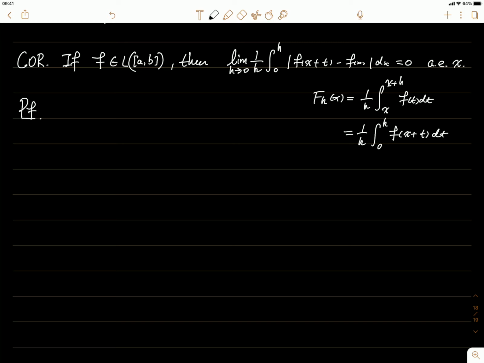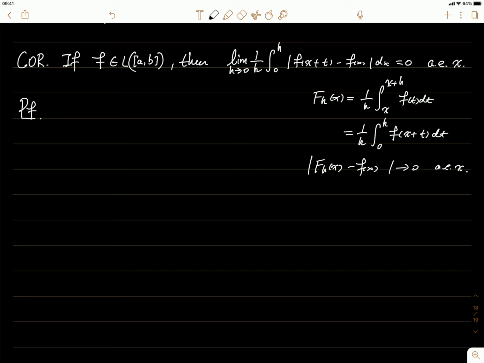Okay, and previously what we showed is that this minus f of x is going to 0 for almost every x.